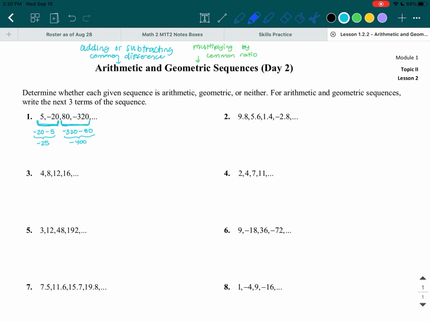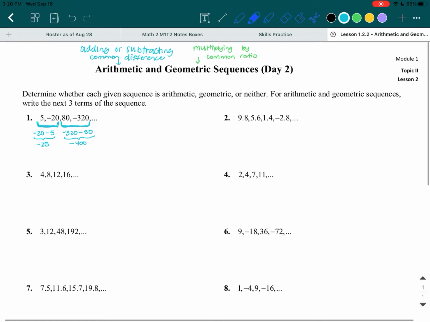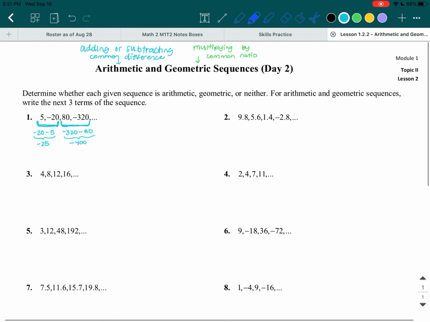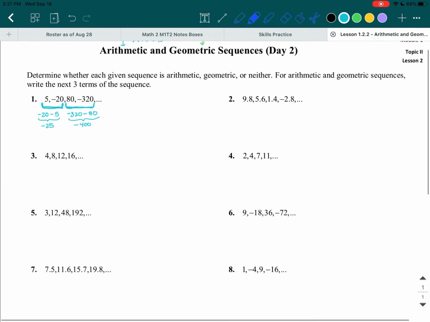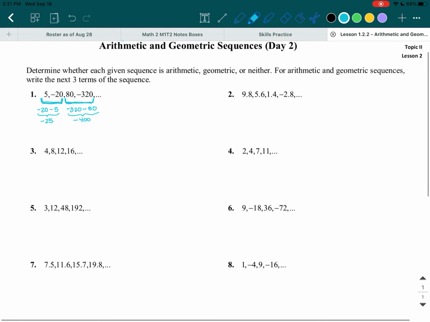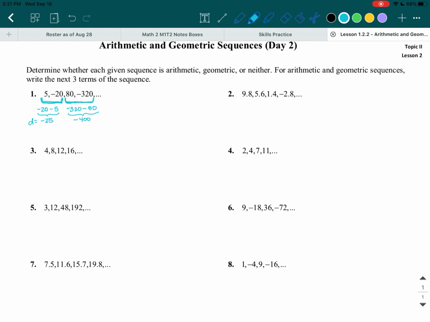Okay, I don't know about you, but negative 25 is not the same as negative 400. So if our common difference is negative 25 but also negative 400, that doesn't make any sense.